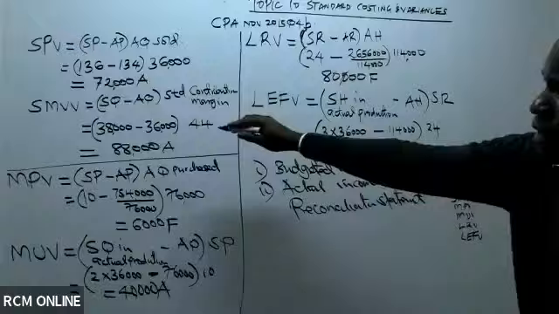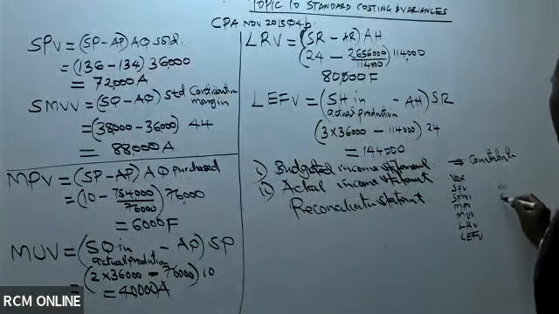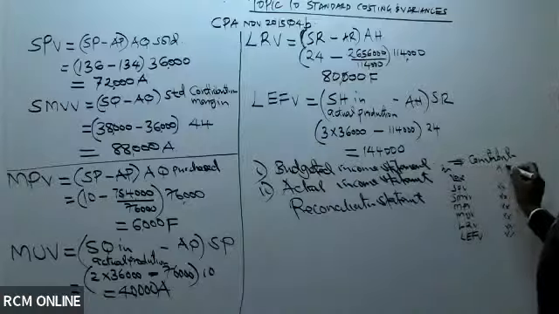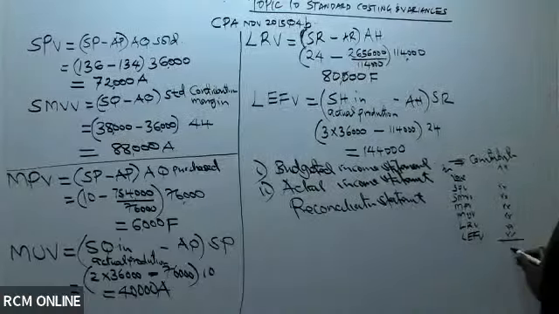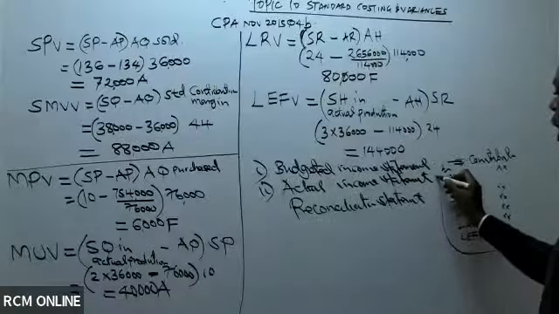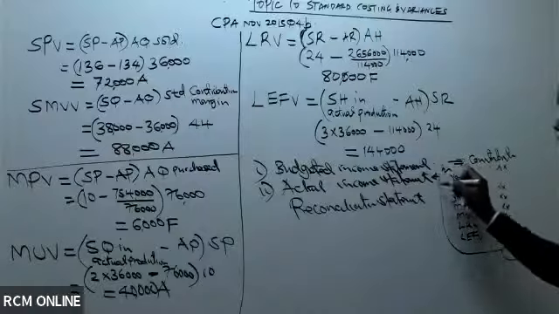You copy this, put it here, and of course, you add budgeted contribution. So when you add all that, whatever you are getting here must be equal to your actual contribution.